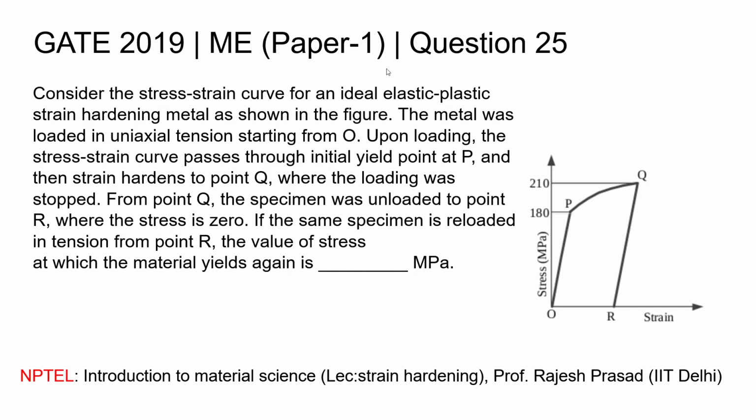The question number 25. You have been given a stress strain curve here, and the condition is you load the material under uniaxial tension from point O, and it will reach its initial yield point at point P, and then the strain hardening happens till point Q. Now it is unloaded again back to point R where the stress is 0.